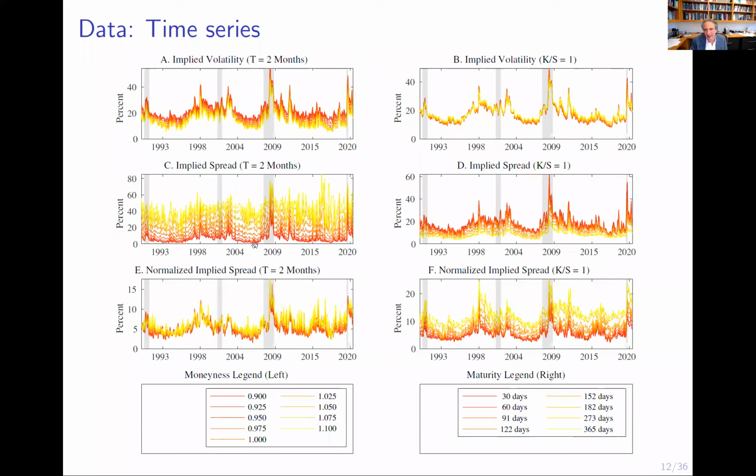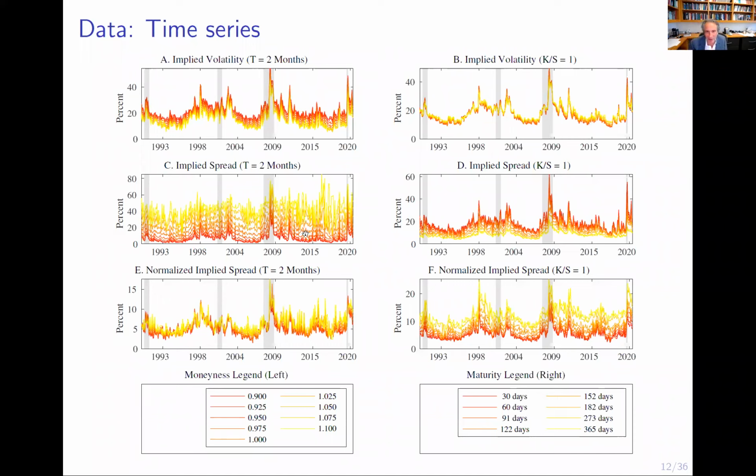Implied spreads look different simply because, if you have different strike prices, it is as if you have different leverages and therefore different levels of spread. The yellow ones are the junk bonds, and the red ones are the AAA bonds.